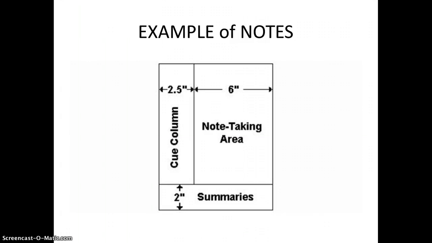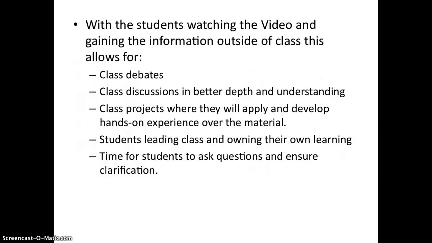And on the bottom, you see that there is an area for summary. Each student will be asked to write a 2-sentence minimum summary of the discussed video. By implementing this kind of strategy into my students, I'm quickly teaching them the great strategy of note-taking and how to make it effective to carry on throughout their schooling.